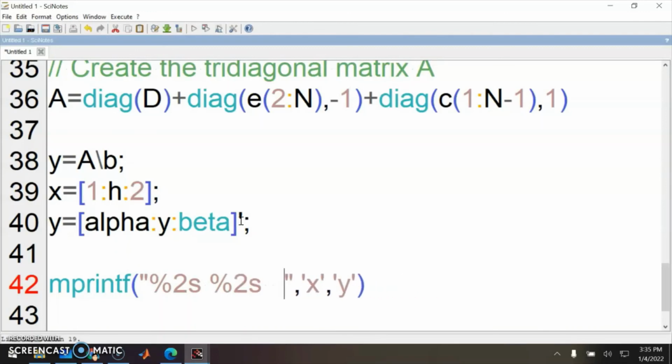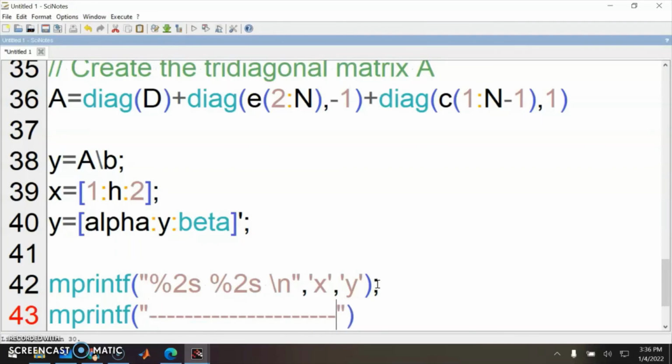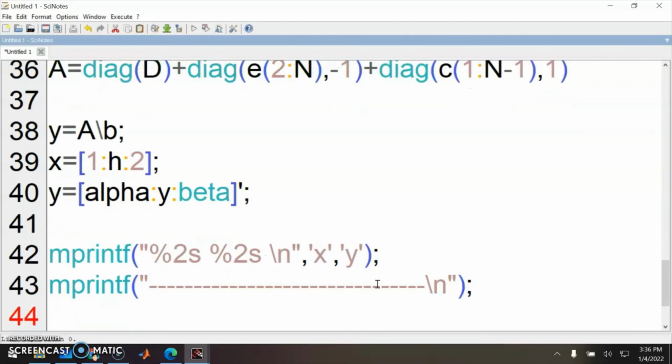We have two elements that I want to produce, which is x and y, and backslash n for new line, and let's create a line here. Just do like that. That works all the time. And then the next row will be all these entries of x and y.